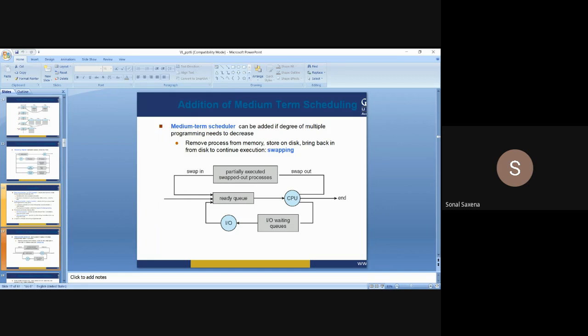Midterm scheduling or medium term scheduling can be added if the degree of multiprogramming needs to be reduced. It removes the process from memory, stores it on a disk, or brings it back in from the disk to continue execution. That is called the swapping part or the context switching part. In that case, medium term scheduling comes into the picture. So this is all about the three types of schedulers that can be used for scheduling purposes. The process schedulers make use of these three types of schedulers.